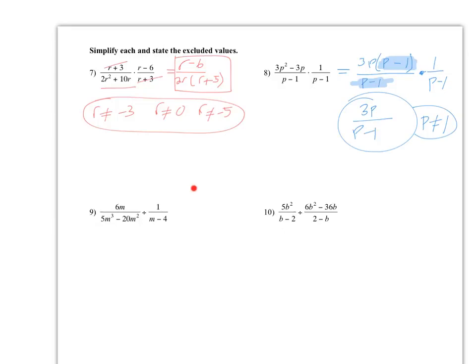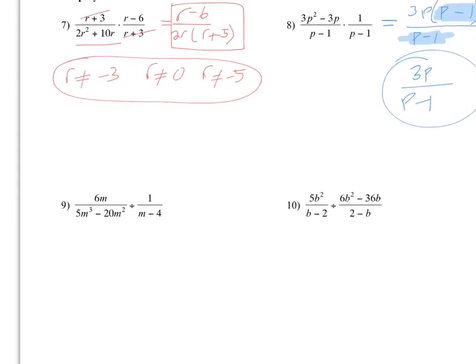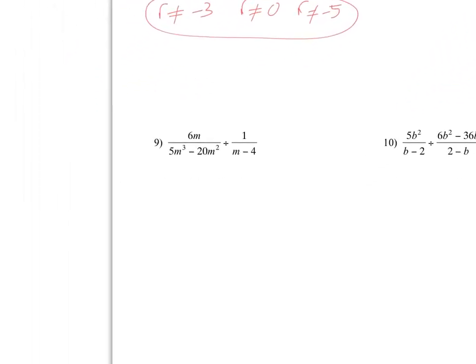All right, division, our key with division is keep it, change it, flip it. And so I keep the first fraction, I change the sign from division to multiplication, and then I flip the last one. So I'm going to always do that first before I even try canceling stuff out.